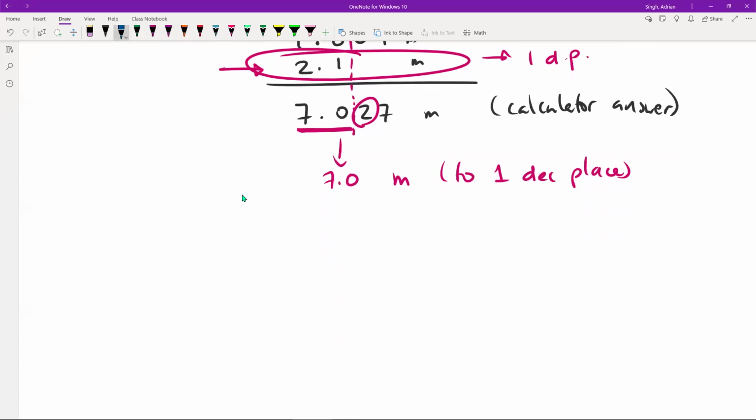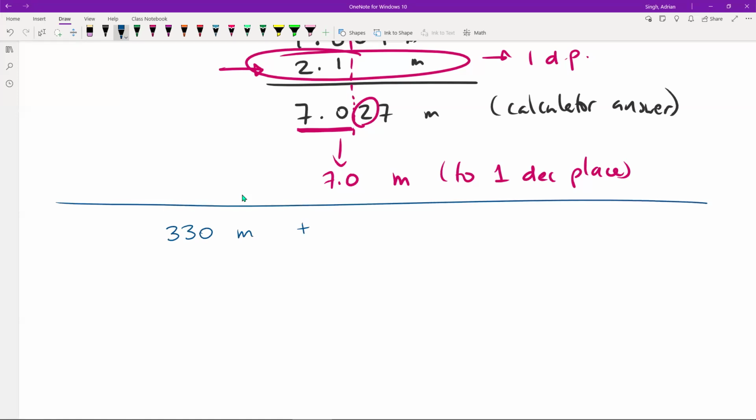Let's say I added together 330 meters plus, let's say, 432 meters plus 100 meters. Right here, you don't see any decimal places, but we can again rewrite these.